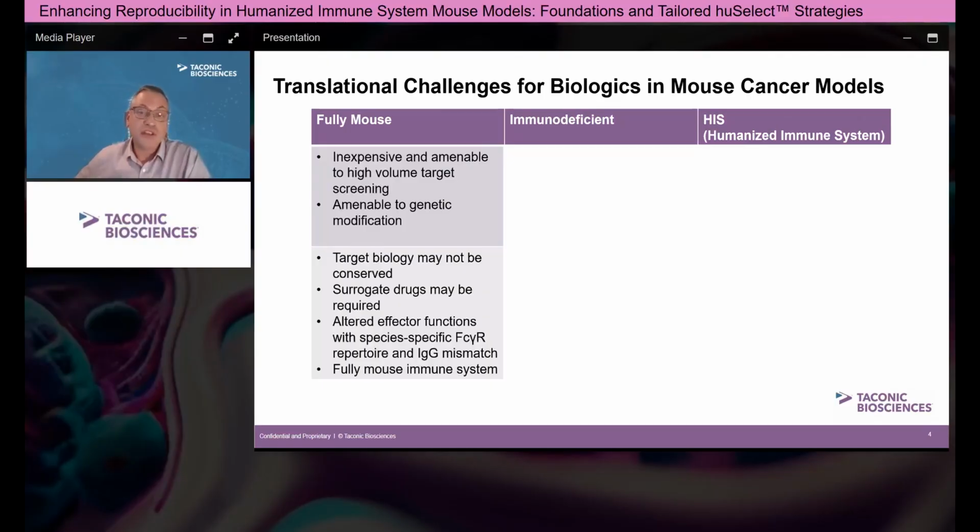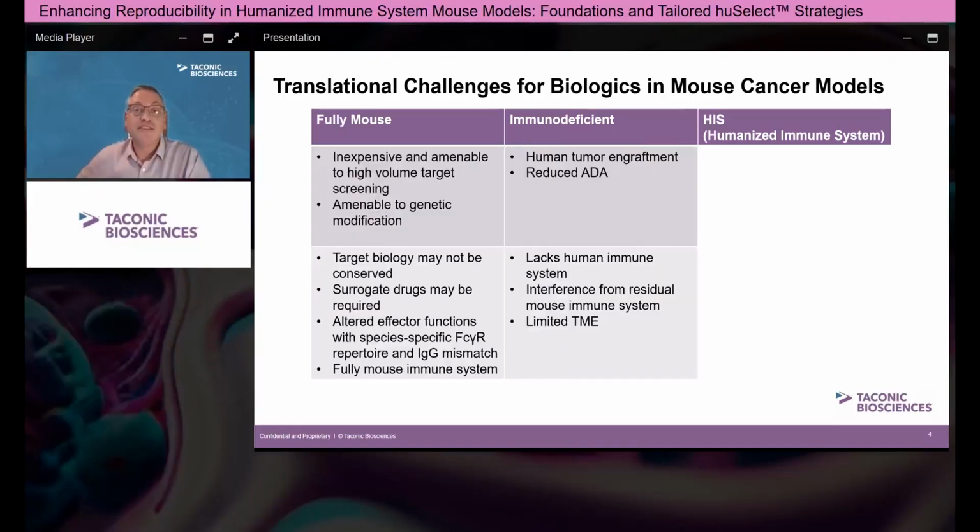I'm calling out one in particular, which is altered effector functions due to species-specific differences in both Fc gamma receptors, as well as binding to various IgG isotypes. Finally, as I mentioned, they have a fully mouse immune system, and while this can be a benefit when probing the immune system, there are numerous differences between the mouse and human immune system.